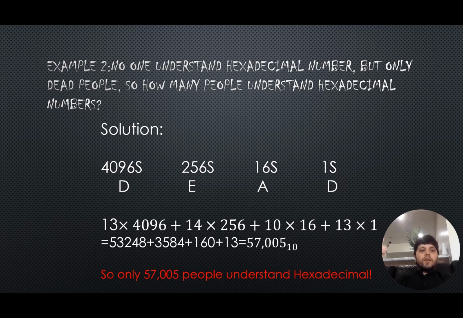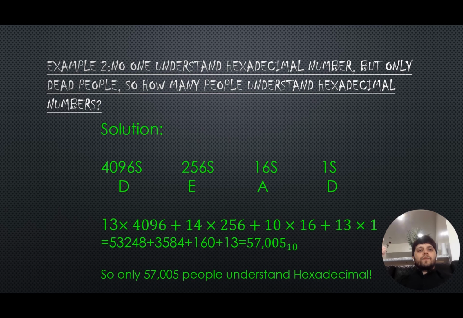Okay, the dead word. So the dead word is D-E-A-D, dead. So we gotta find the placing value. That's 1s, 16s, 256s, and 4096. So how we get it is 1 times 16, 16 times 16 is 256, 256 times 16 is 4096.